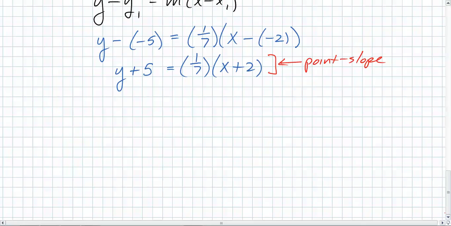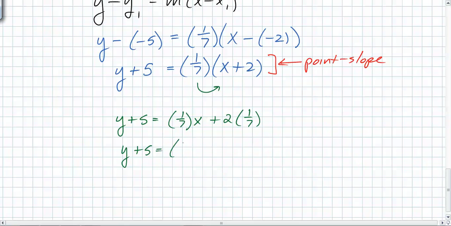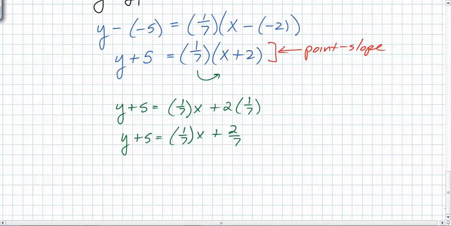The way we do that is we would first distribute the 1/7, so we end up with y plus 5 is equal to 1/7 x plus 2 times 1/7. And that's just y plus 5 equals 1/7 x plus 2/7. And to get into slope-intercept form, we need to isolate y. So we need to subtract 5 from both sides. So y is equal to 1/7 x plus 2/7 minus 5. And how many sevenths are in 5?